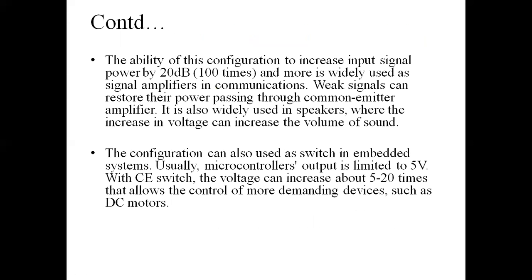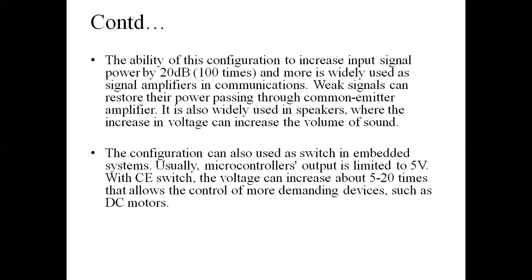The major reason for using the transistor in this circuit arrangement is that the common emitter circuit has the highest voltage and power gain of the three transistor connections, due to its high current gain. This configuration can increase input signal power by 20 decibels, that is 100 times or more, so it is widely used as a signal amplifier in communications.